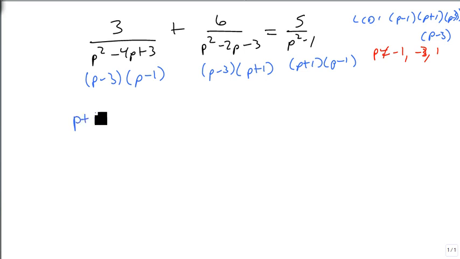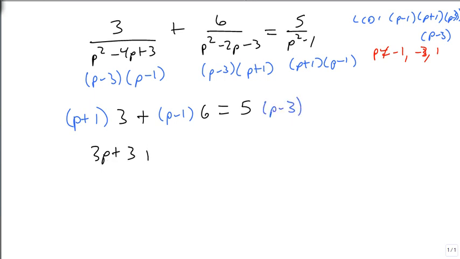So this is p plus 1 times 3 plus p minus 1 times 6 equals 5 times p minus 3. And we now distribute: 3p plus 3 plus 6p minus 6 equals 5p minus 15. Combine like terms.